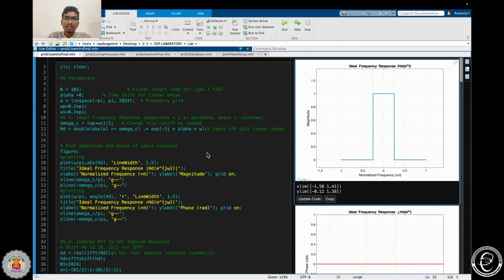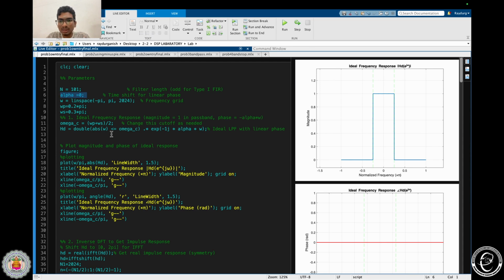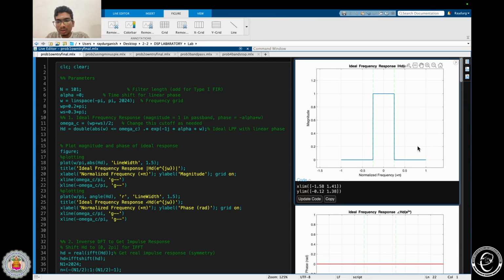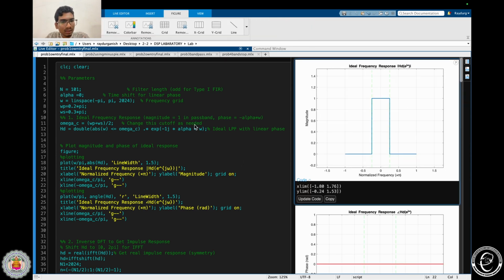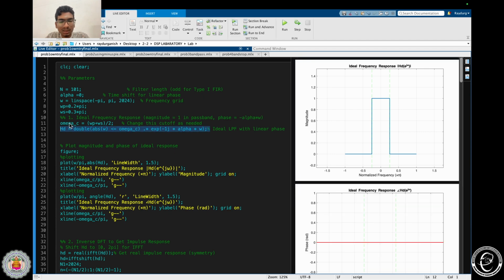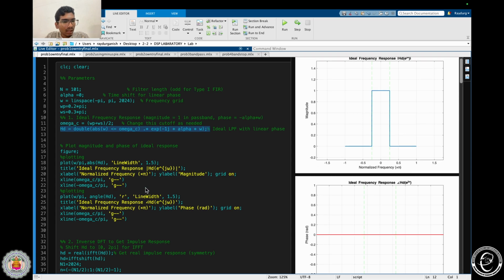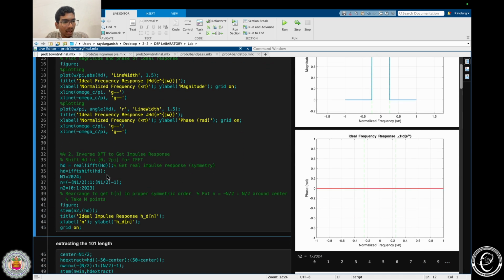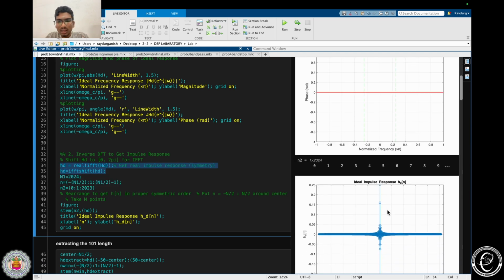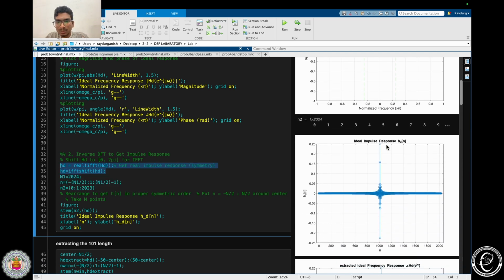Now coming to the simulation part, I have taken alpha equal to 0 for simplicity. This line corresponds to the plotting of the ideal frequency response in the frequency domain. And then I have used the IFFT and plotted the ideal impulse response of the signal.